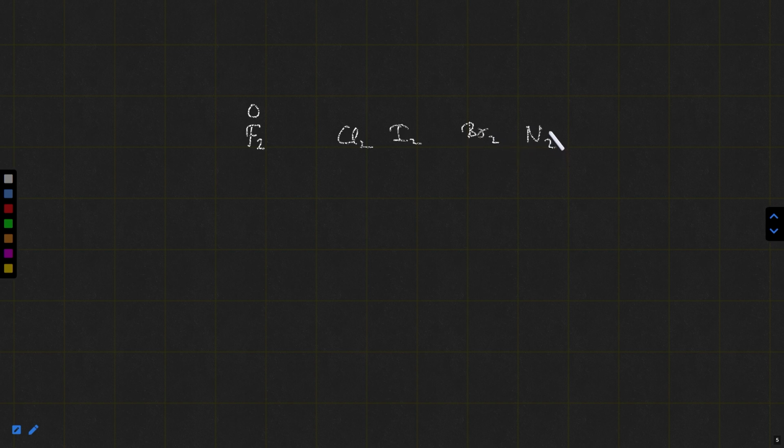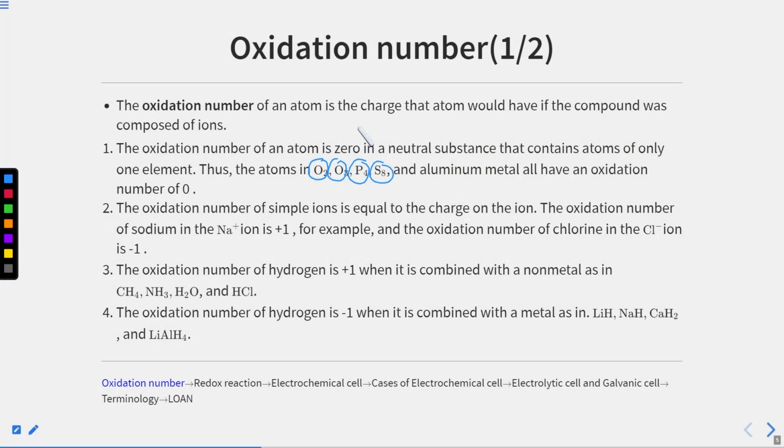In all of these, the nitrogen will have an oxidation number of 0. So in a nutshell, all atoms of a homoatomic molecule which has an overall charge 0 will have an oxidation number 0. So this was our first point regarding how we can calculate oxidation number.